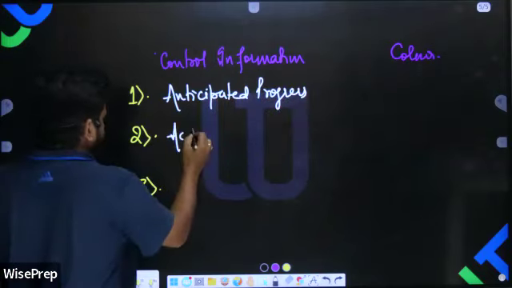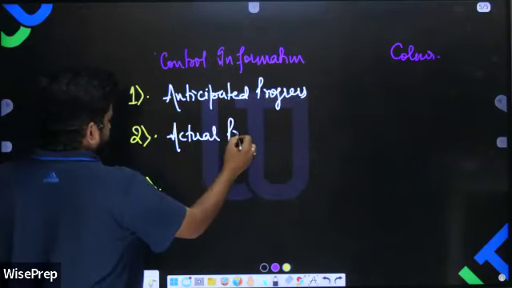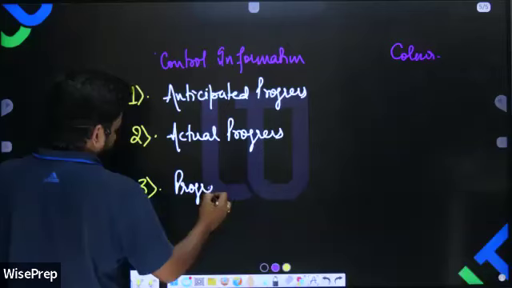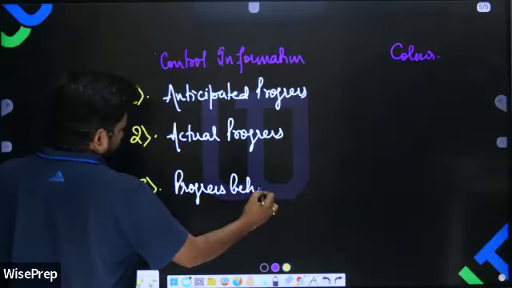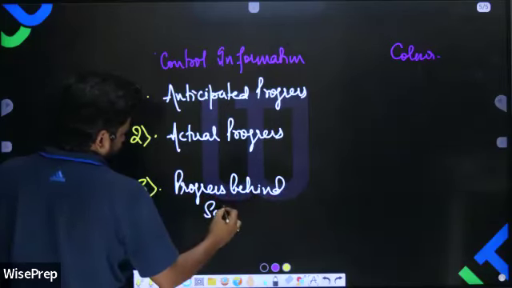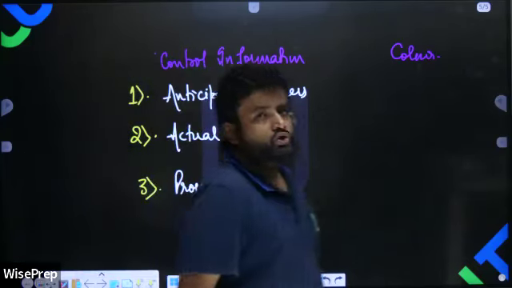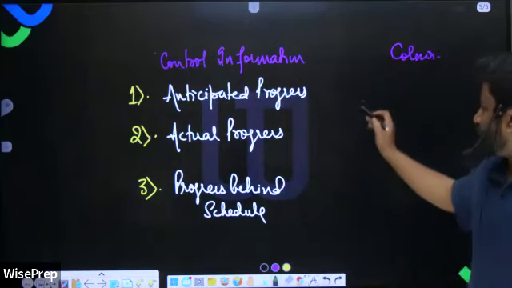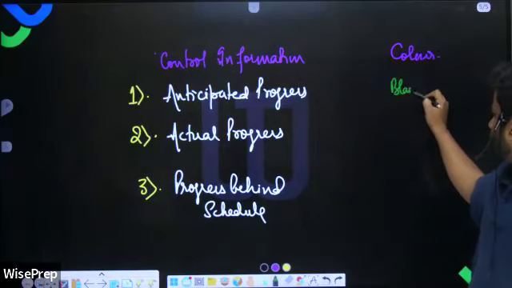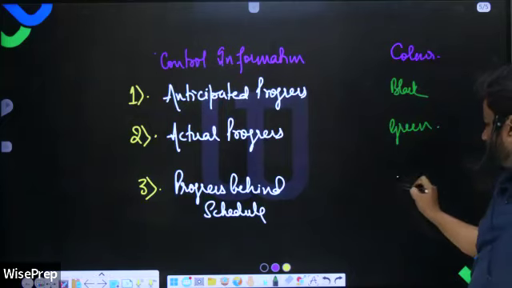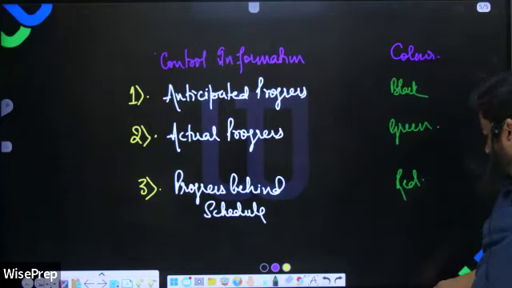Second is actual progress. Third is progress behind schedule. For the first one it is black. Actual progress, green. And progress behind schedule, it's a warning sign, that's red.